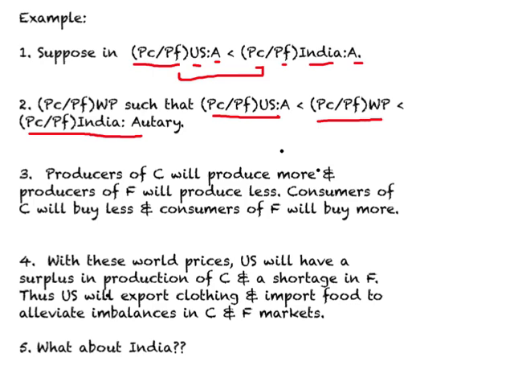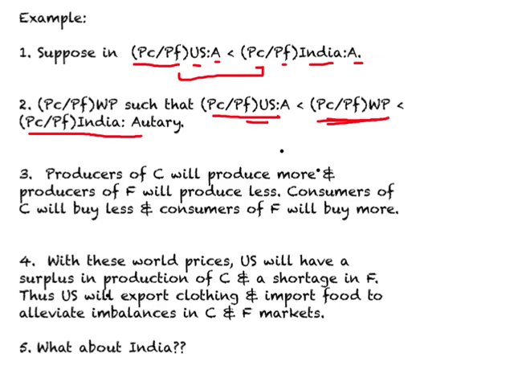So this becomes a ground for foreign trade, and let us assume that both countries accept the world prices and these lie between those two extreme points. Now in the US, what will happen is the world price of clothing in the world market is higher than what it was in the US in autarky.